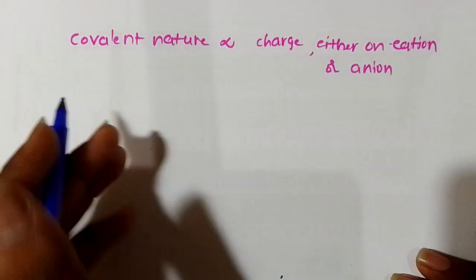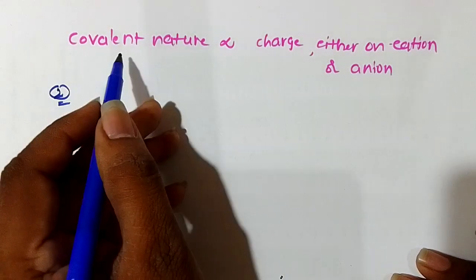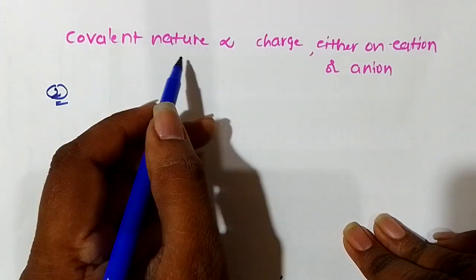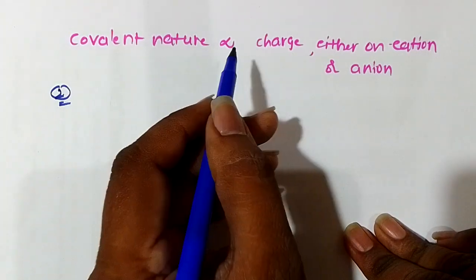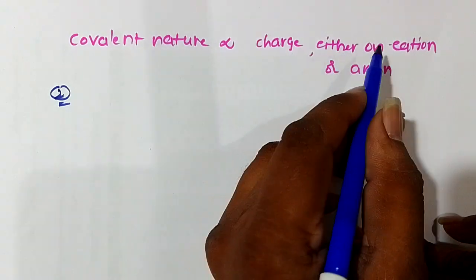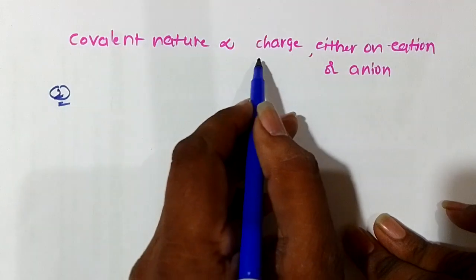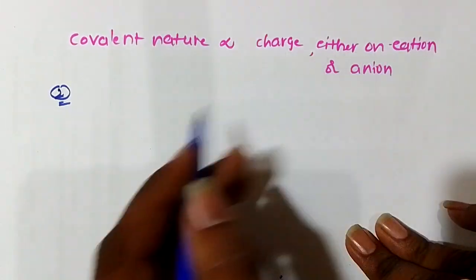Next, according to Fajan's rule, covalent nature increases by increasing charge on either the cation or anion.